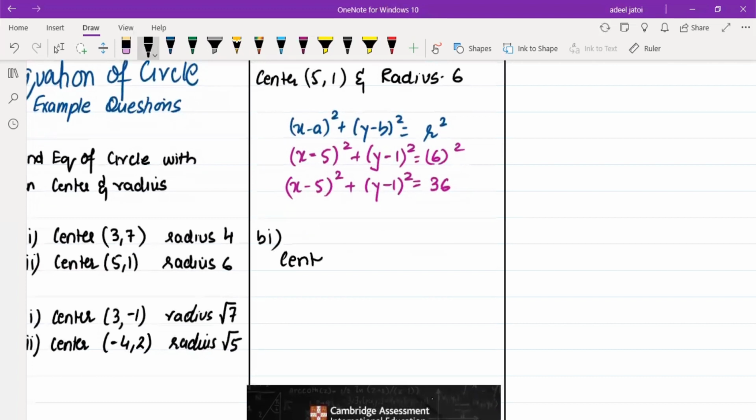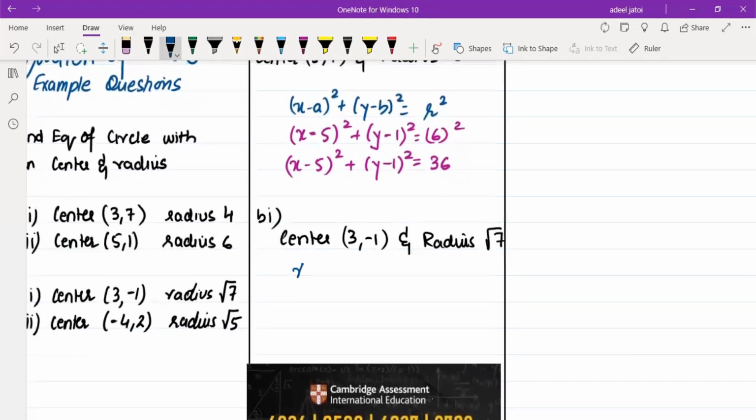Now, on the other hand, your B part 1 has the equation where the center is 3, minus 1 and radius is under root 7. So the form remains the same, that is x minus a whole square plus y minus b whole square is equal to r square. And if we solve this, this should be x minus 3.